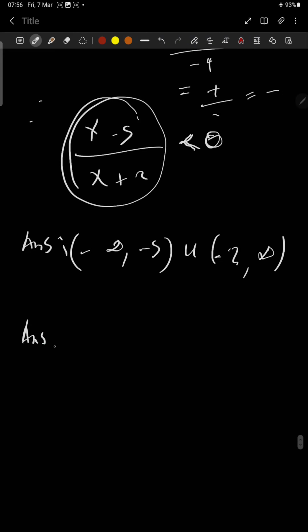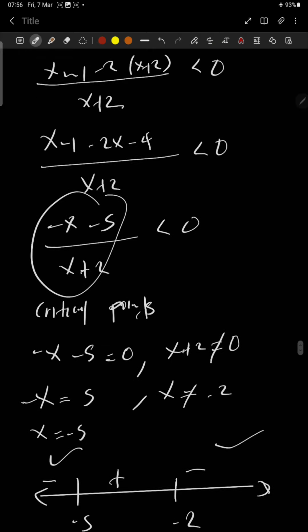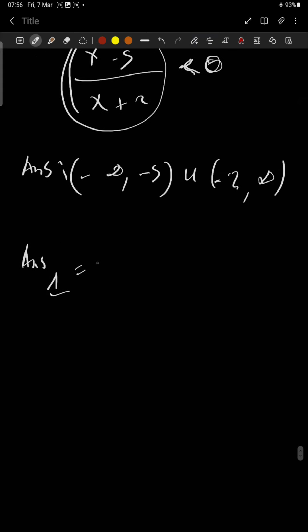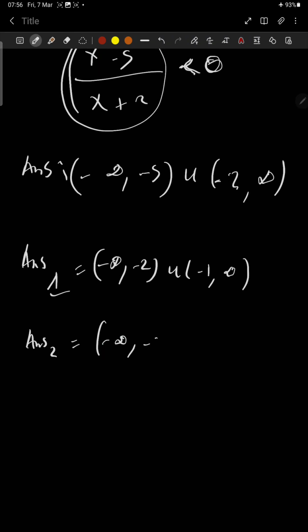So answer 1, the first answer, was negative infinity to negative 2, then union negative 1 to positive infinity. Then answer 2 is negative infinity to negative 5, union from negative 2 to infinity.